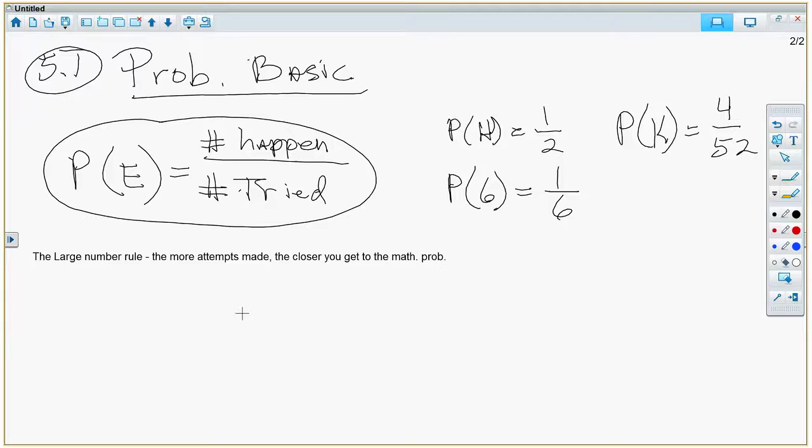The point is, if you're putting your reputation and your neck on the line doing a presentation on statistics or probability, should you go with the small number or the larger number that you can do? Yeah, you go with the larger number, and that's what the large number rule says. The more attempts or the more people, the closer you're going to get to your goal, and the better your data is going to be.